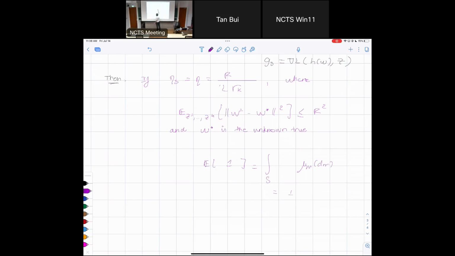Because Z is a random draw, this expectation doesn't mean anything. It basically says that W1 minus W star squared is less than or equal to R squared. Everybody see that? If this function does not depend on m in particular, then we can take f of W out, because W does not depend on m.